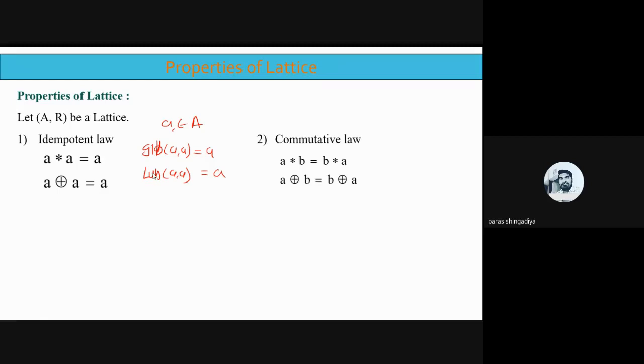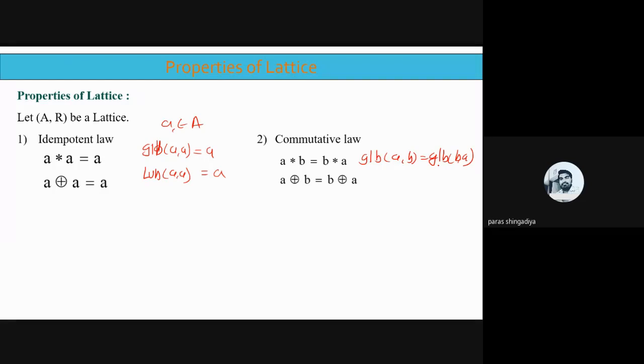Next one is commutative. Here A star B is the same as B star A, meaning GLB of A comma B is the same as GLB of B comma A, and that is obvious. GLB of 2 comma 3 is the same as GLB of 3 comma 2. Clear? If you just interchange the numbers, there is no change in the answer.